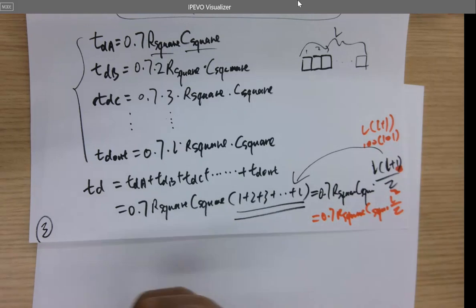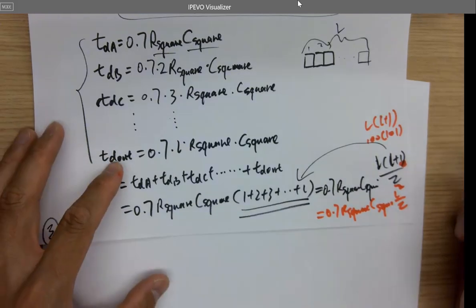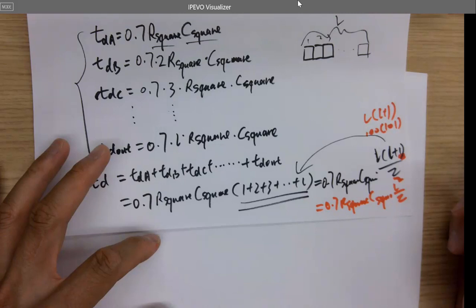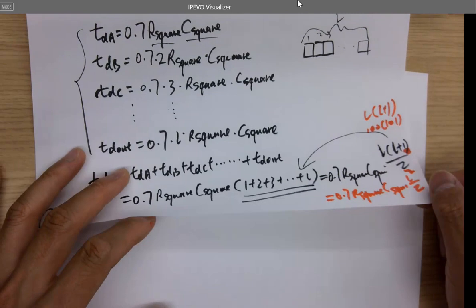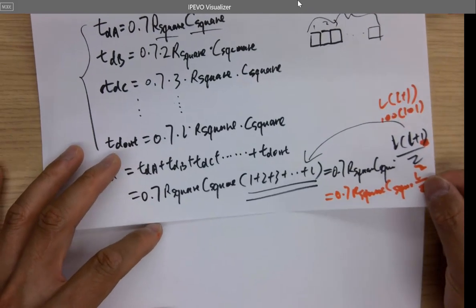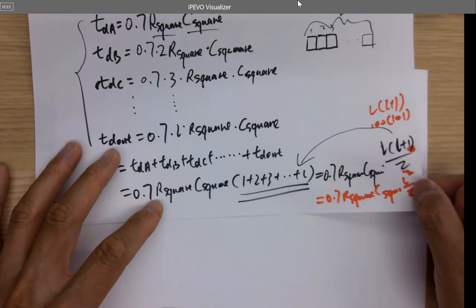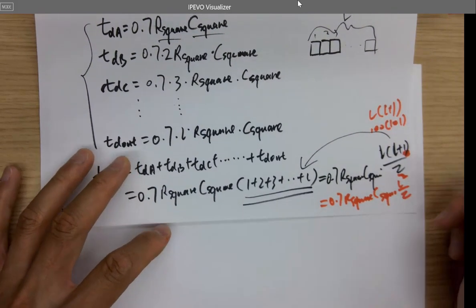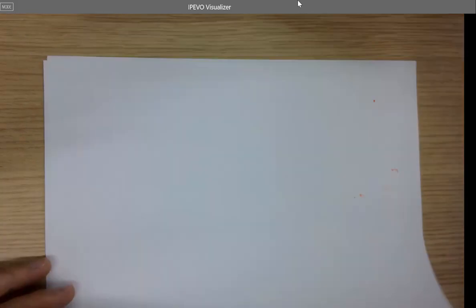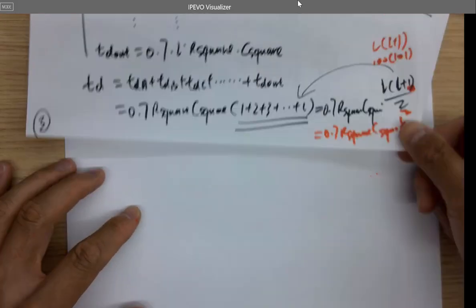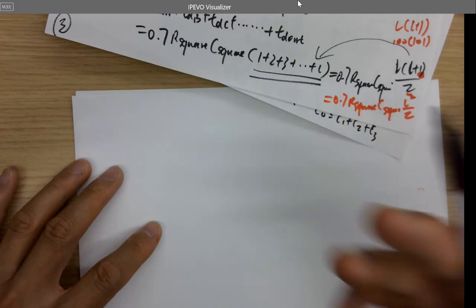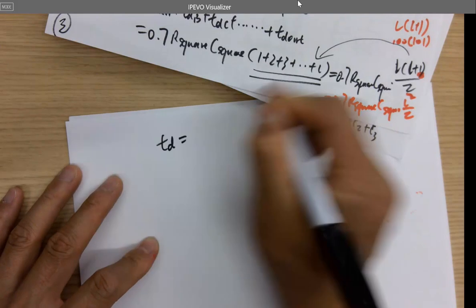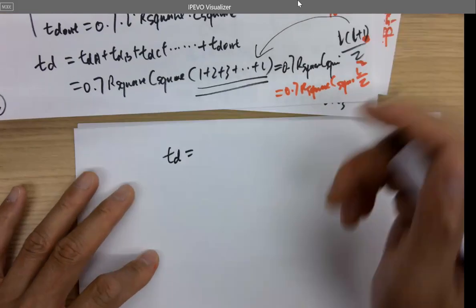Any questions so far? No? Good? Let's do a quiz. Kidding. Does that make sense? Any questions? So this equals what? TD, eventually.